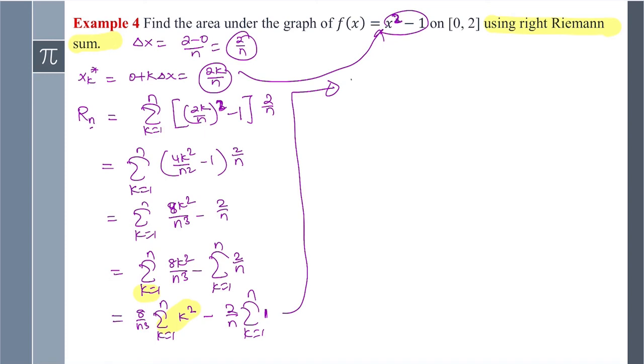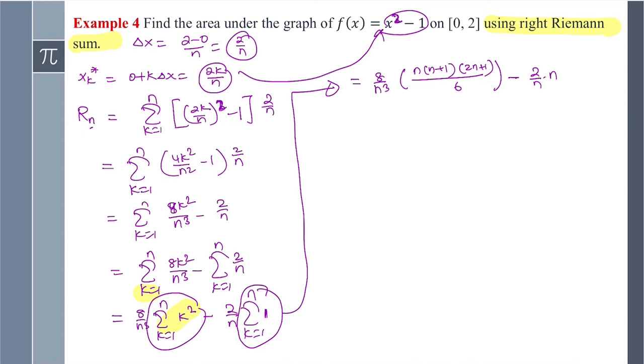So this equals 8 over n cubed times n times n plus 1 times 2n plus 1 divided by 6, and then minus 2 over n times the summation of 1 from 1 to n. That means we are adding 1 plus 1 plus 1 up to n times, which is just 1 times n, and that's just n.